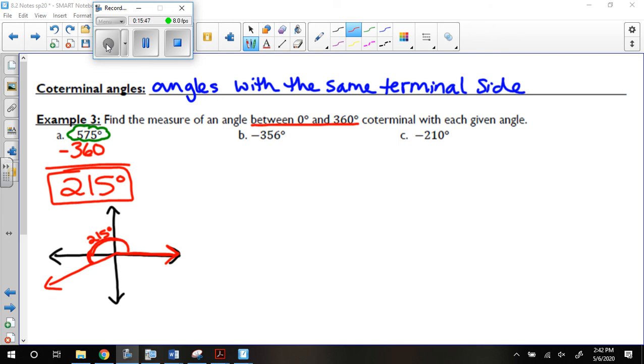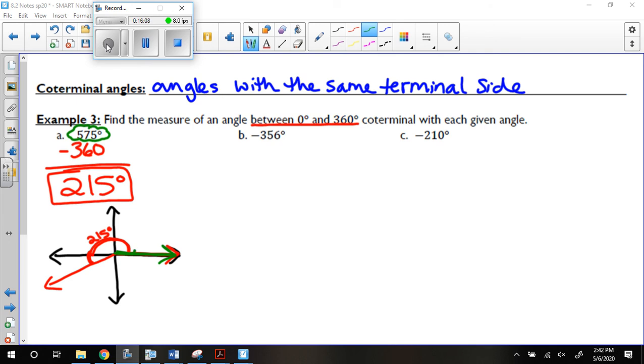Now my 575 degree angle is going to start at the same place on the positive x-axis and end at the same place, the terminal side, but this is how the green angle works.